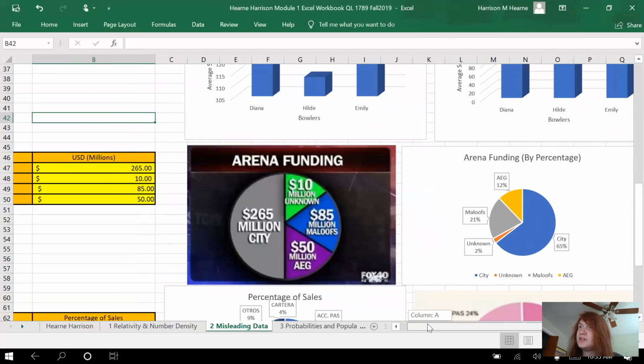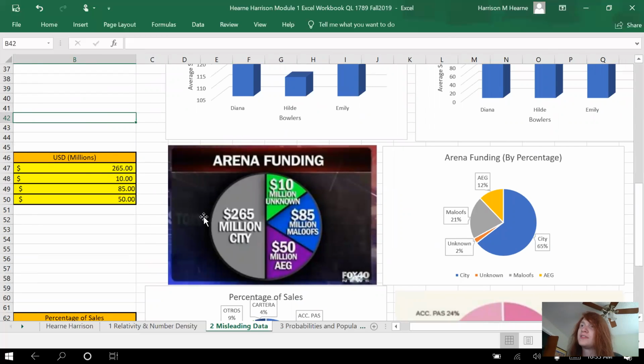because as you can see here, whoever created this pie chart wants people to believe that the city has only contributed, that looks about half, maybe even a little under half there, wants to make you believe that the city has only contributed half of the total funding for this arena.